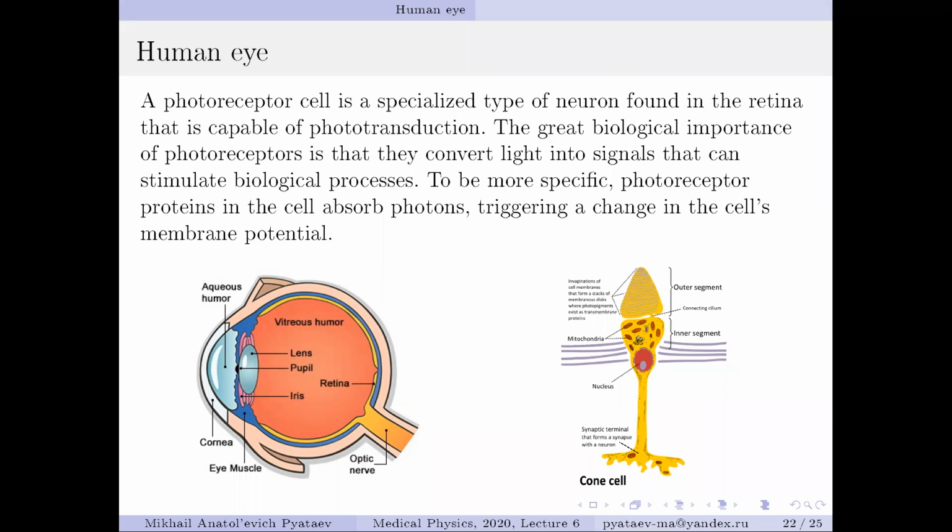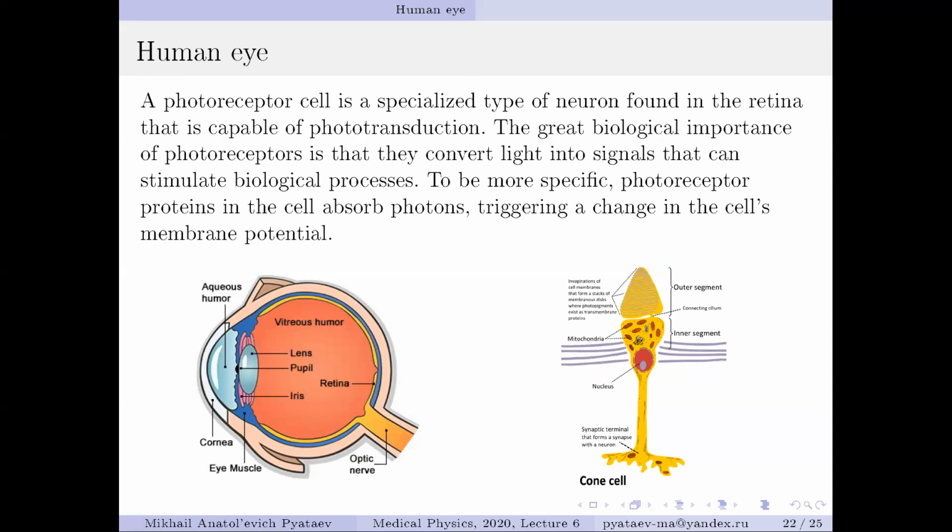That's why in case of low intensity of light, we cannot see colors, and everything looks gray, colorless, in night vision in low light intensity.